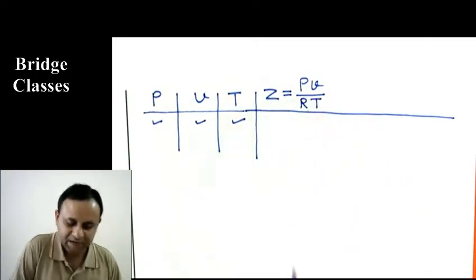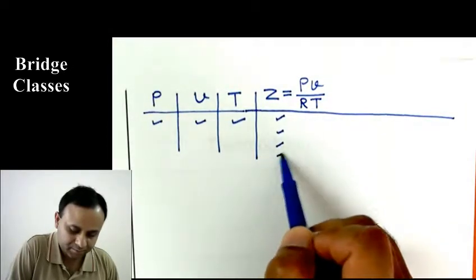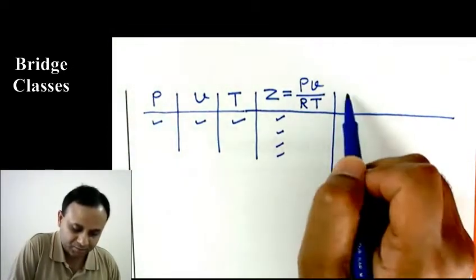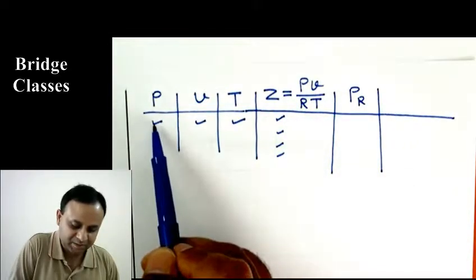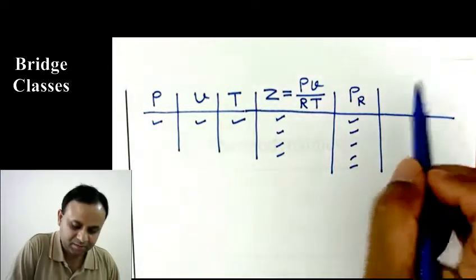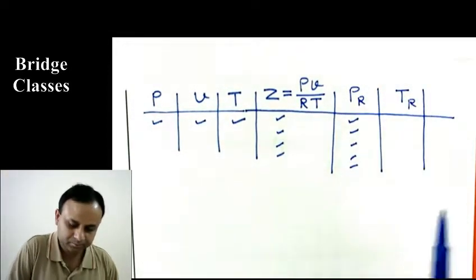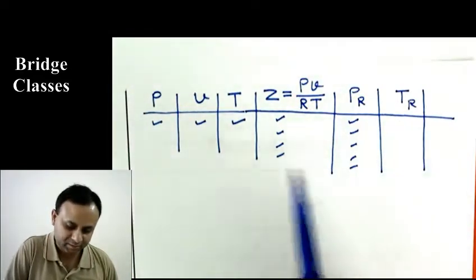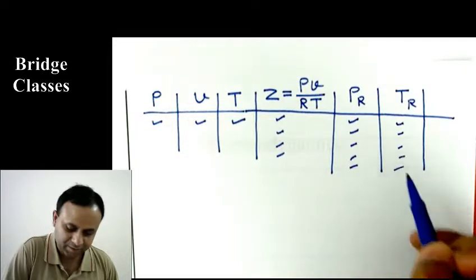We know R for the gas if we know its molecular weight. So we have a column for Z and a column for PR. PR will be just this pressure divided by critical pressure. We also have a column for TR, which is just this temperature divided by critical temperature.